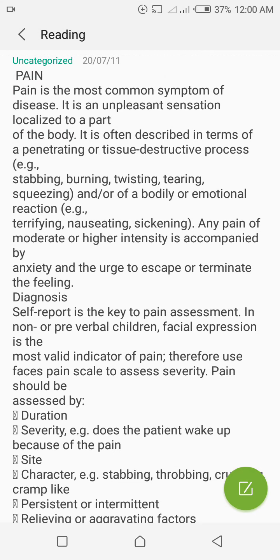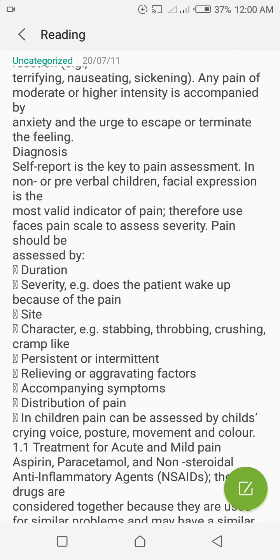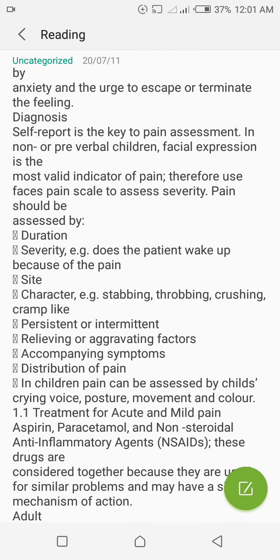Any pain of moderate or high intensity is accompanied by anxiety and the urge to escape or terminate the feeling. So if you get anxiety, sickening, nauseating, terrifying pain, it's just the body trying to escape or terminate that feeling.